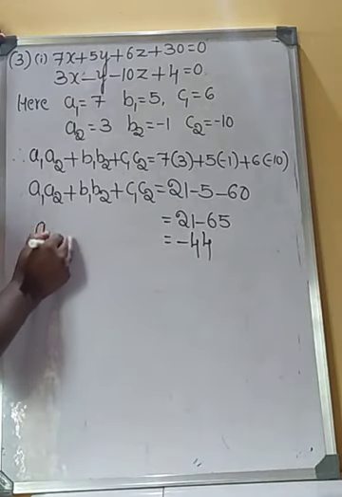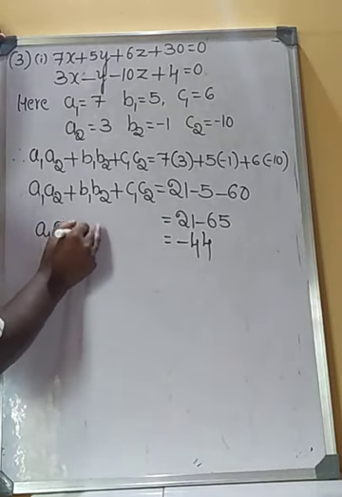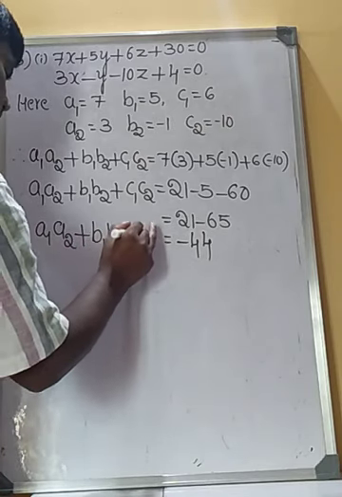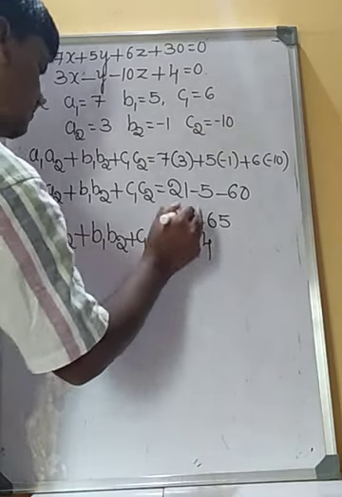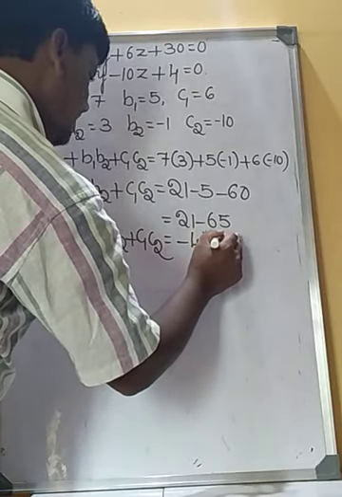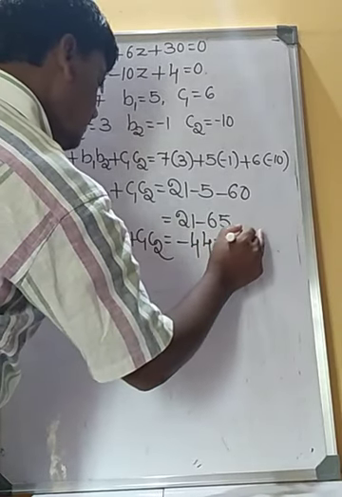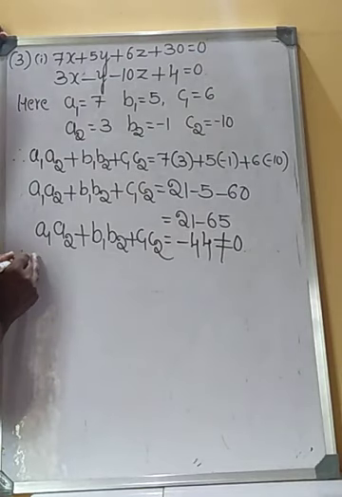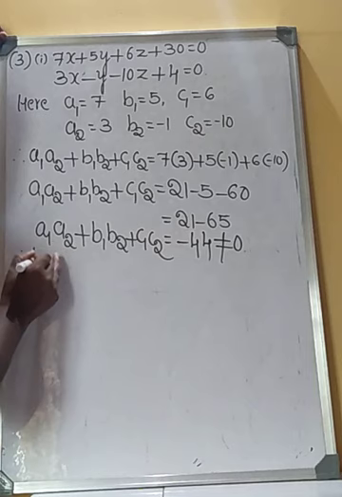So A1 A2 plus B1 B2 plus C1 C2 equals minus 44, which is not equal to 0. Therefore the given planes are not perpendicular.